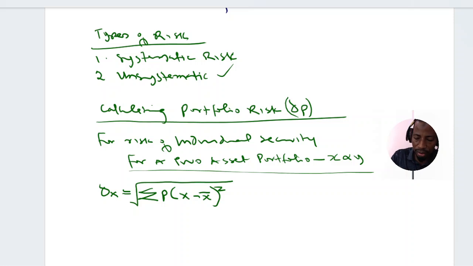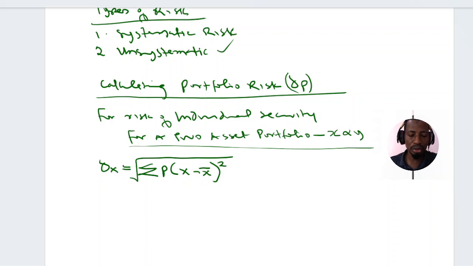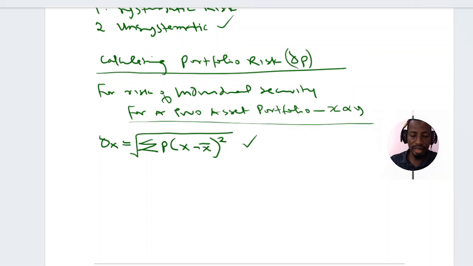So this is the formula for calculating the risk of individual security, just the square root of variance. If you want to do it for security Y, it should be y minus y bar raised to power 2. So it's still the same thing. All right. So whenever you want to compute the risk of individual security, this is the formula you are supposed to use. Then risk of the portfolio, number B now.